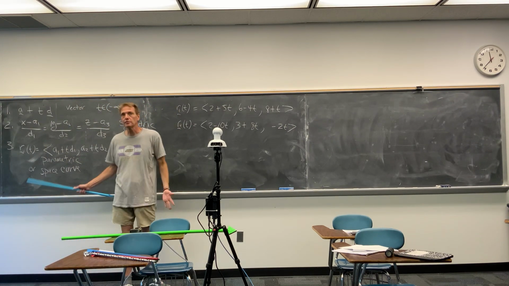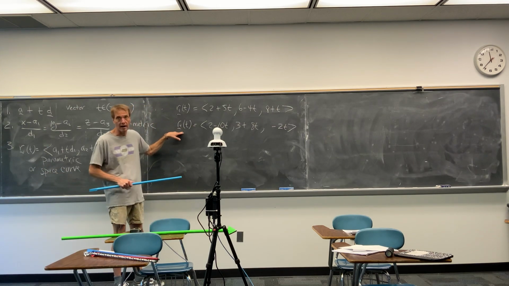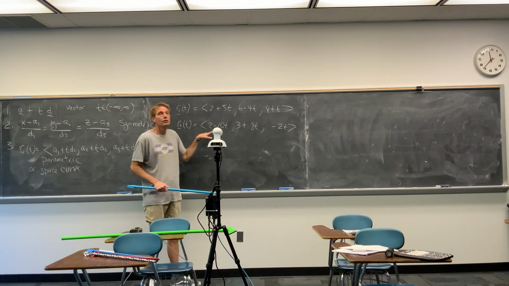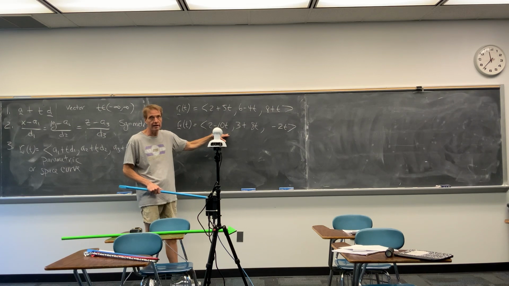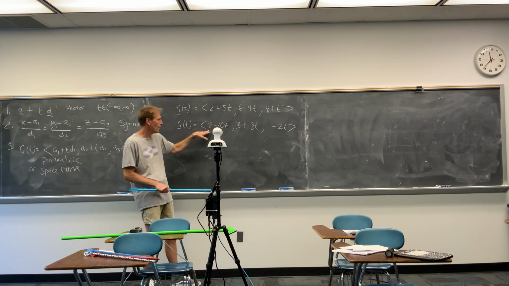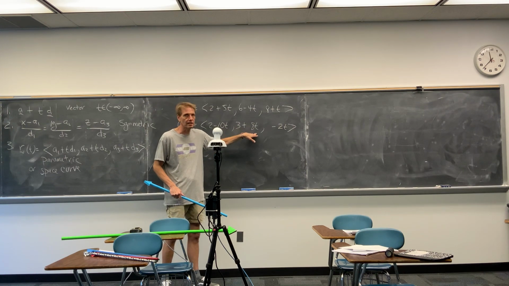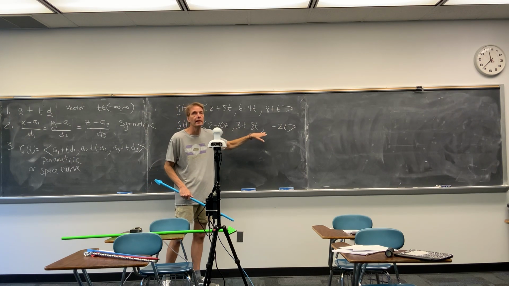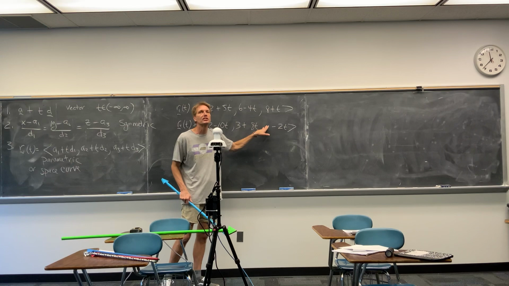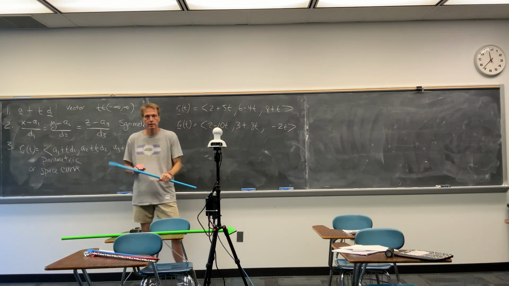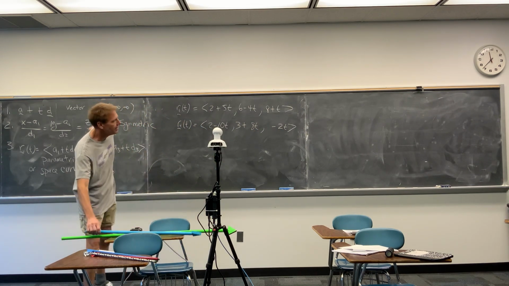Parametric. The parametric form. I've got my second line, again in my space curve form: 2 minus 10t, 3 plus 8t, and the last component is 0 minus 2t.